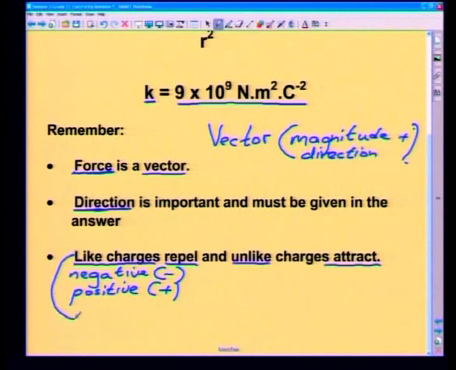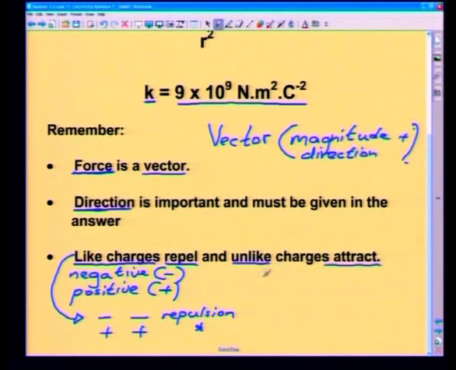When we say like charges repel each other, we are saying if you put a negative charge to a negative charge, we will have repulsion. So these objects that are negatively charged, when brought to each other, will repel each other. In the same way, if you put positive to positive, we will have repulsion. So that is the like charges repelling each other.